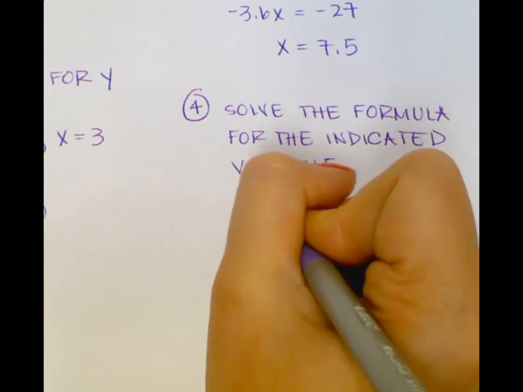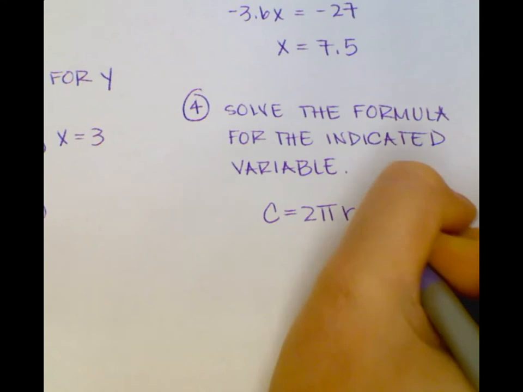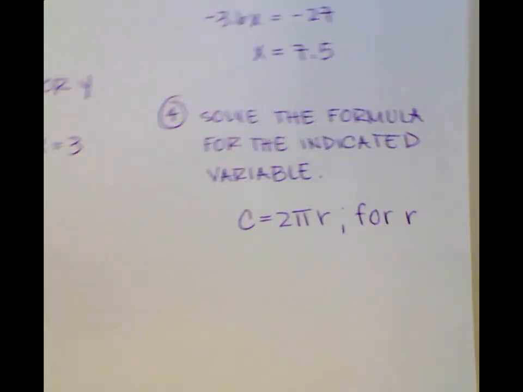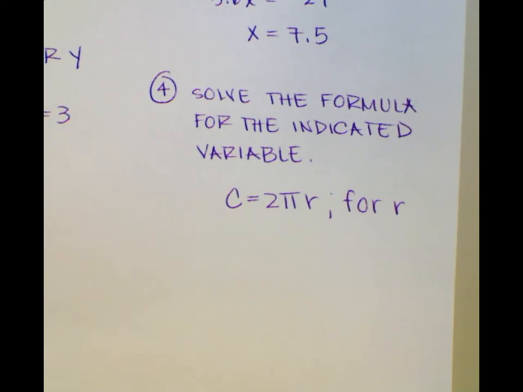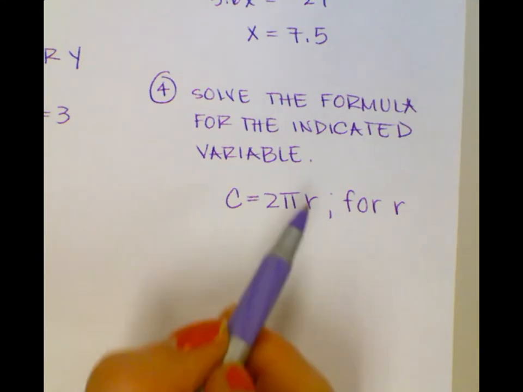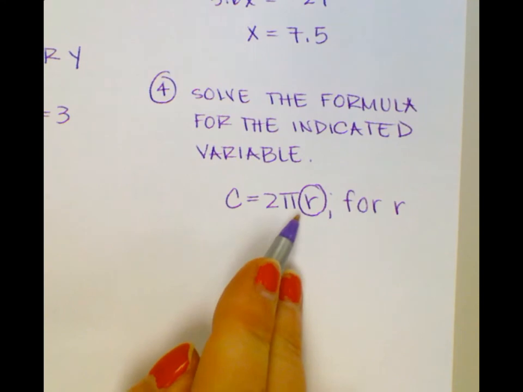Okay, so our formula is C equals 2 pi r, and we're going to solve this guy for r. What formula is that? You guys should know. Yep, that's circumference. Okay, so if I'm solving for this r right here, I'm going to just circle it. I want to get him by himself.